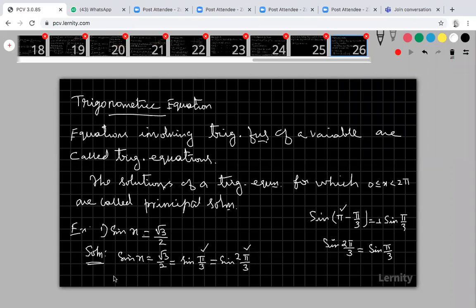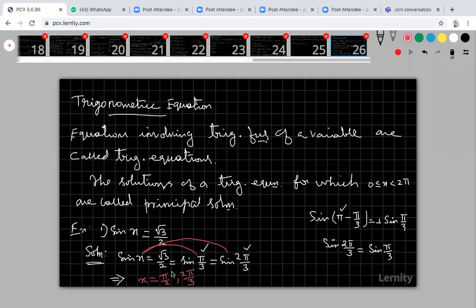Comparing these equations, what is the x value? x is equal to pi by 3 and x is equal to 2 pi by 3. When x is pi by 3 you get root 3 by 2, and when x is 2 pi by 3 you again get root 3 by 2.